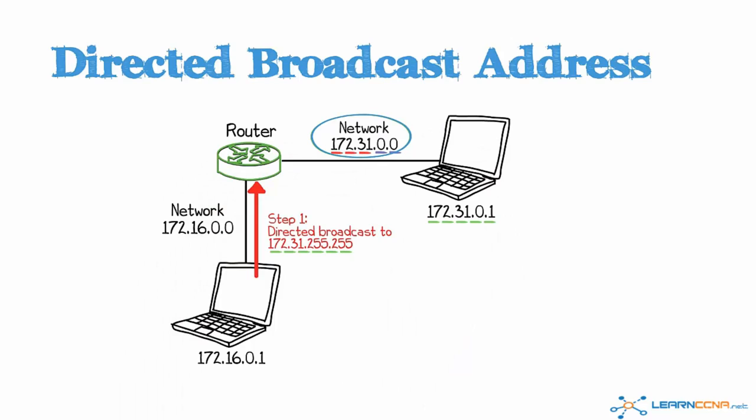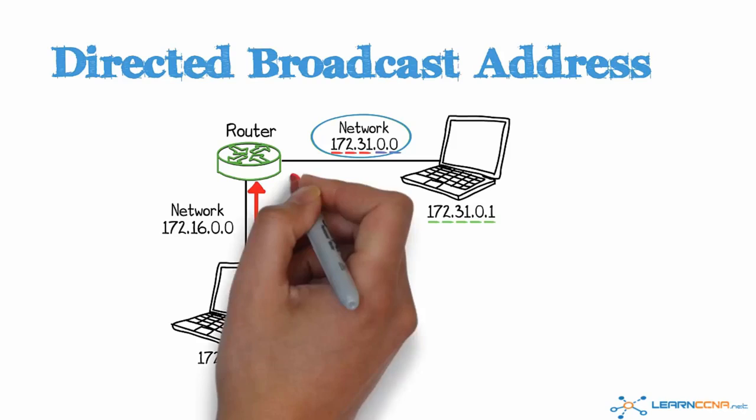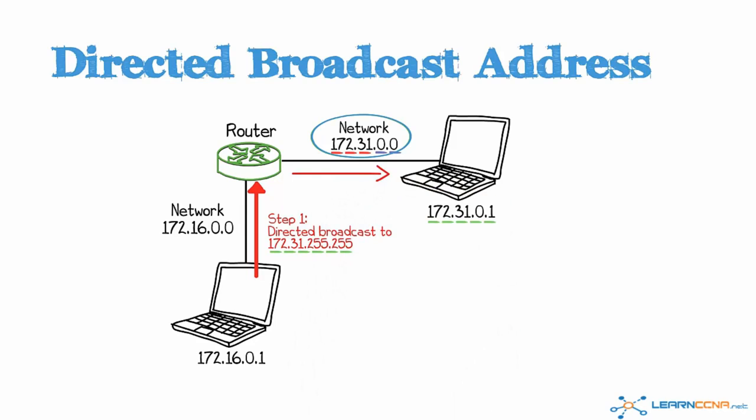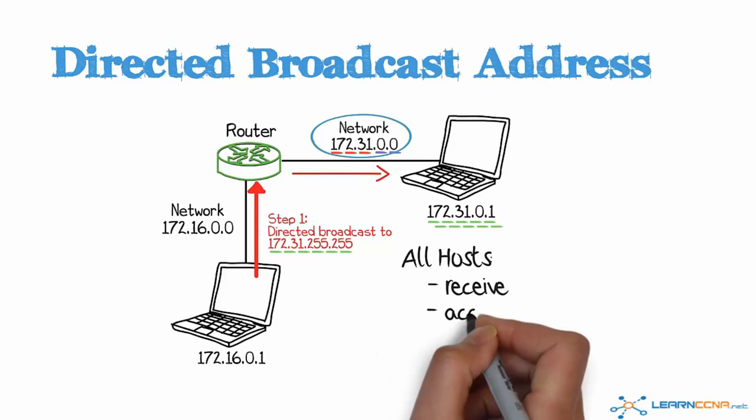Now, a router or switch configured to forward directed broadcasts will forward that directed broadcast to network 172.31.0.0, and all devices on that subnet, including this device 172.31.0.1, will receive that broadcast. So all hosts on that segment will receive the directed broadcast and will accept it.